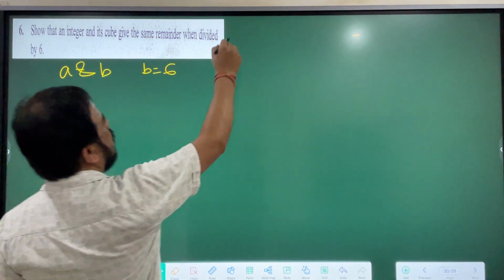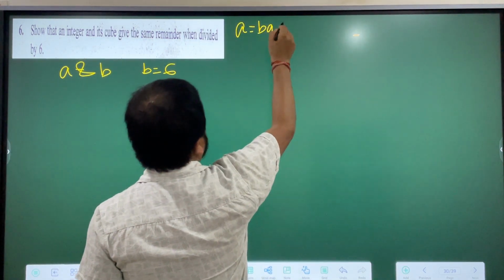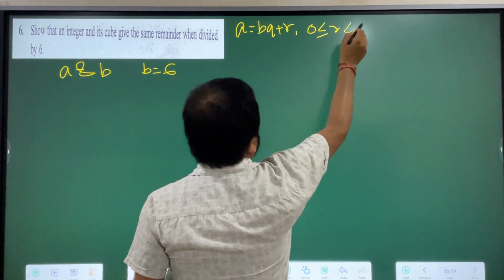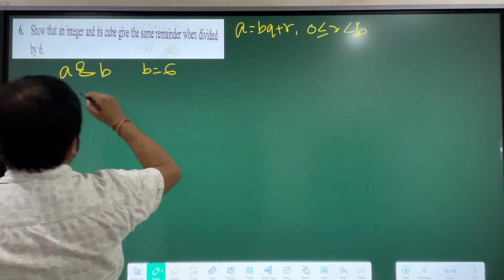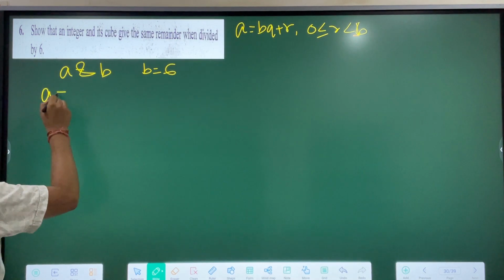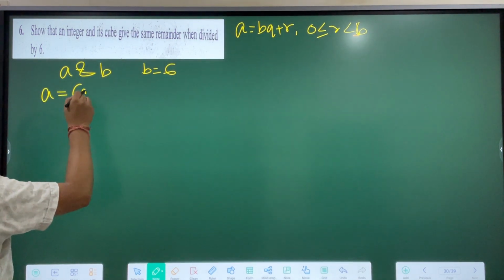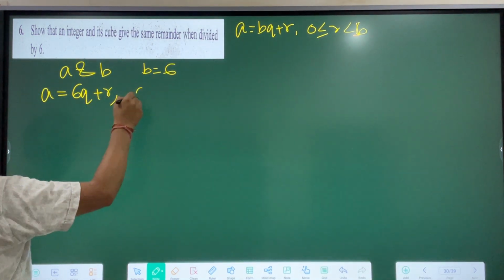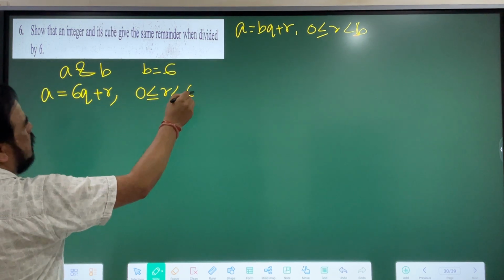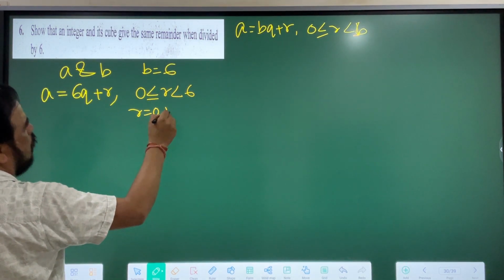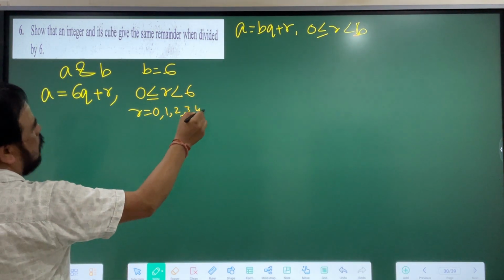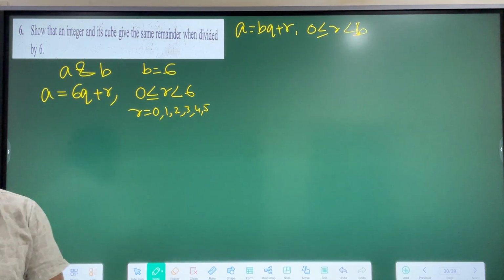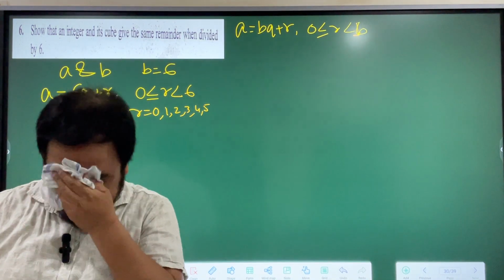As the form is A equals BQ plus R, where R is 0 or B. The B is 6, so A is equal to 6Q plus R, where R is 0 to 6. R equals 0, 1, 2, 3, 4, 5. It is a big calculation.